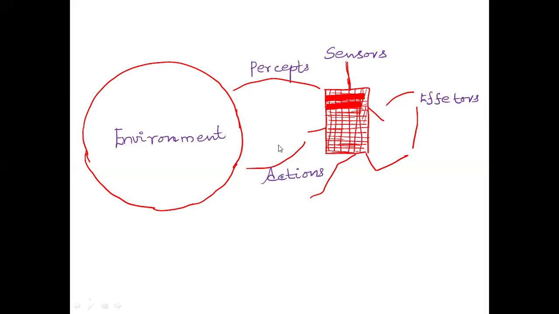See here, the sensor perceives the environment and actions. Sensors allow the agent to gather information about the current state of the environment, while the actuators enable it to perform actions that bring about changes.